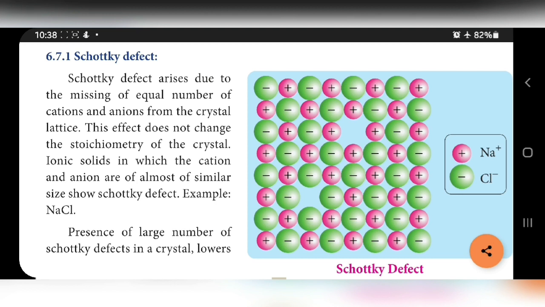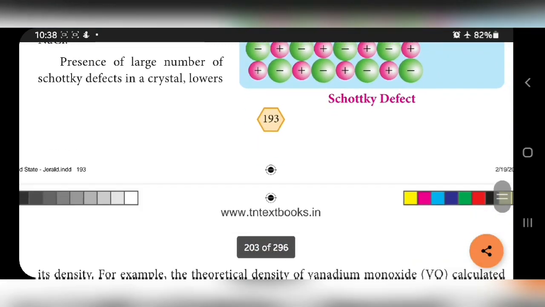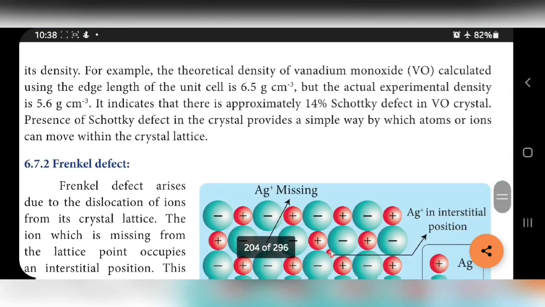And if more ions are missing, the density also decreases. That is, the presence of more Schottky defects means the density also decreases. For understanding that, one example is given. Vanadium monoxide expected density is 6.5 gram per centimeter cube, but actual density is 5.6 gram per centimeter cube. So 0.9 gram per centimeter cube is decreased.